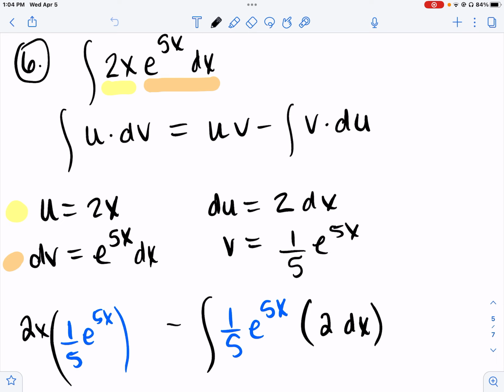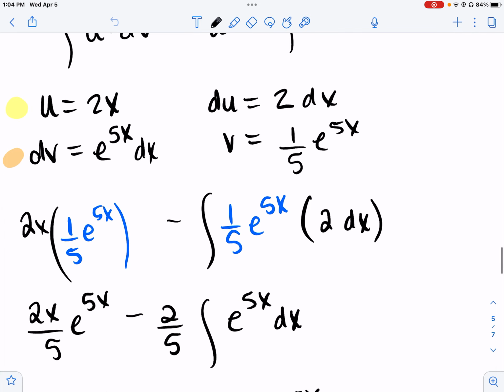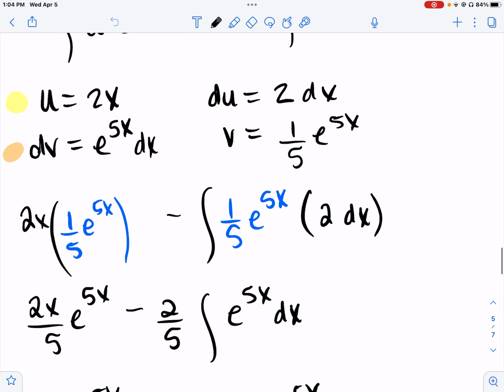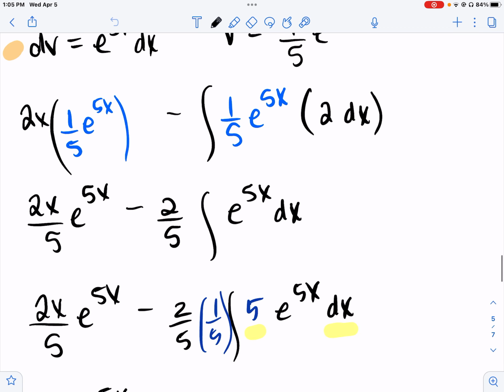So now we're going to plug in uv. U is 2x. V is 1/5 e to the 5x, minus v is 1/5 e to the 5x. Du is 2 dx. I'm just going to multiply that 2x times 1/5 in the front part. The integral part, 1/5 times 2 is the 2/5 out front. That first part stays the same.